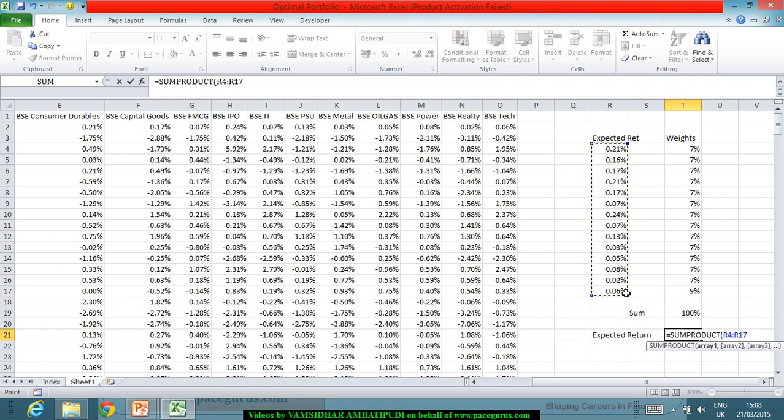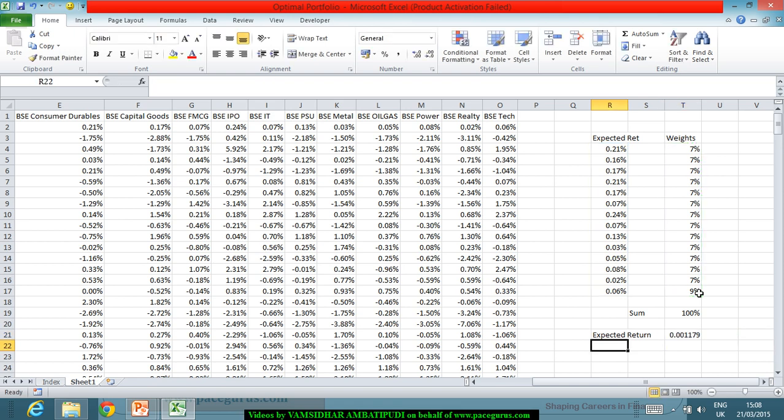I'll say the multiplication of this with this, the pairwise multiplication, is what is being done by the sum product. So the expected return is going to be something around this. And of course, this expected return is actually a daily return.